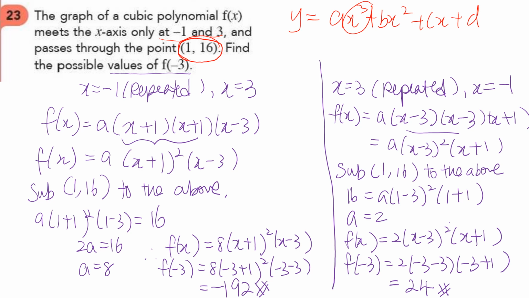So 1 plus 1 is 2, 1 plus 1 is 2. It's not 2a. It's 1 plus 1 squared times negative 2, negative 8a. I made a mistake here, sorry. Negative 8a equals 16, so a is negative 2. So our a is negative 2 here.